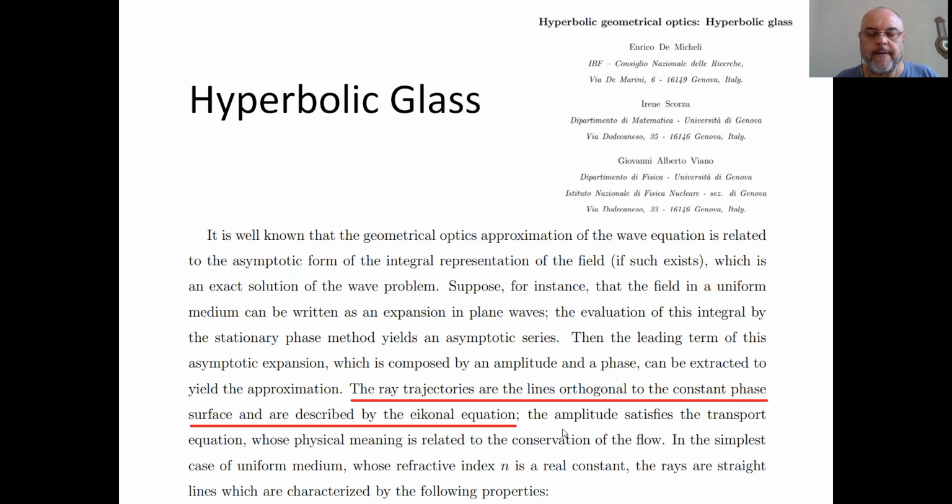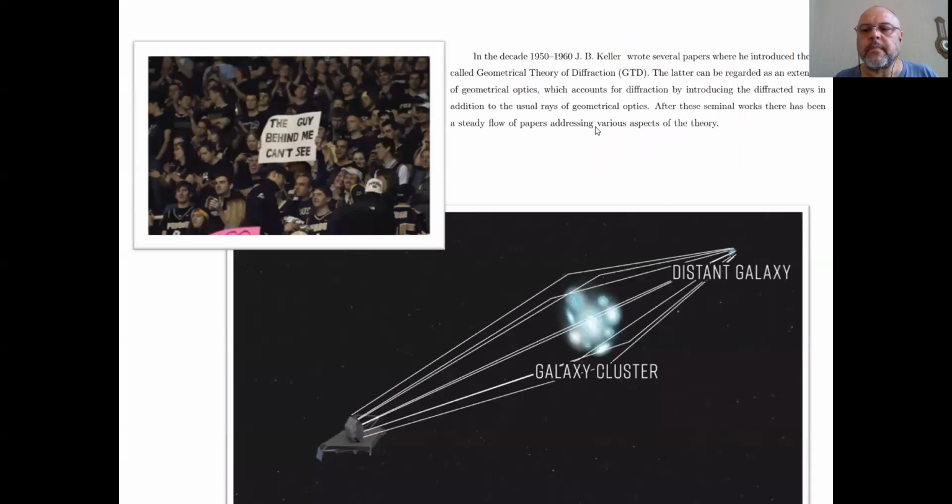So the light rays are geodesics of the light wave. And they associated this problem with the geometric theory of diffraction of Joseph Keller.